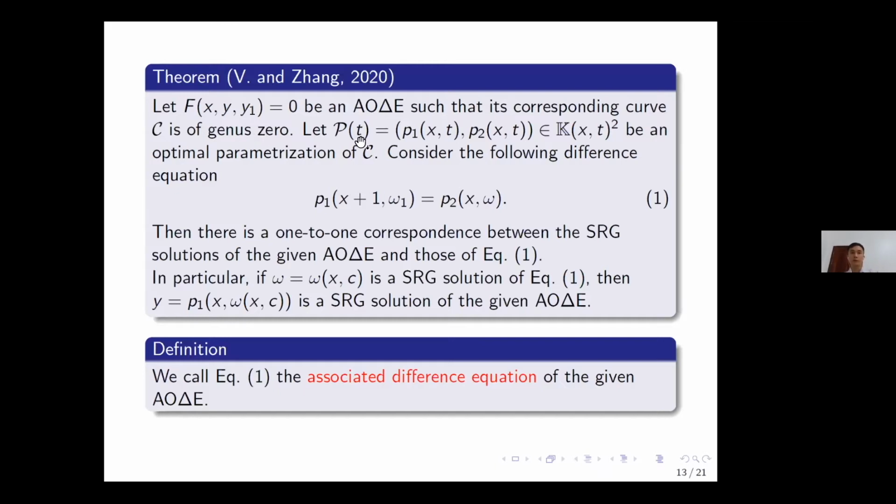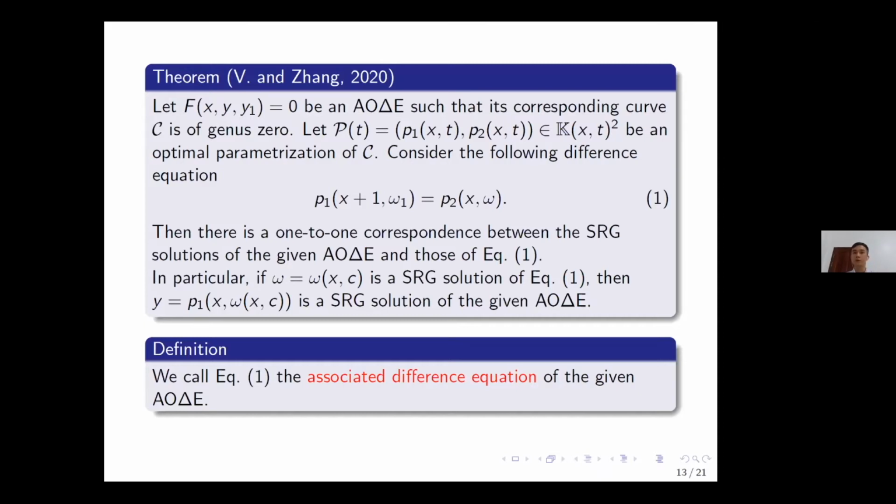And we can assume that P(t) = (P1, P2), with P1, P2 rational functions in x and t, is an optimal parameterization of C. We can add this assumption because of the previous theorem.